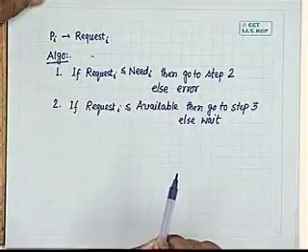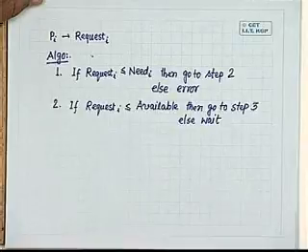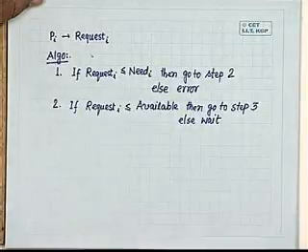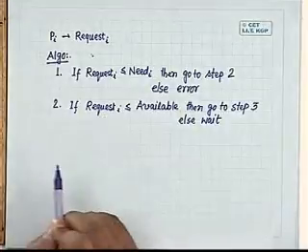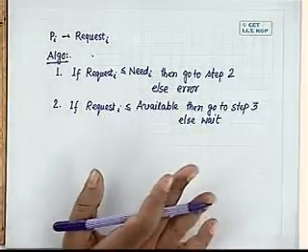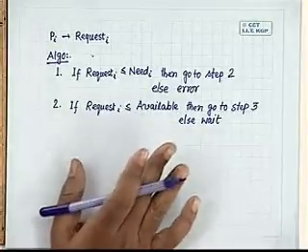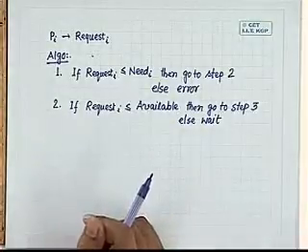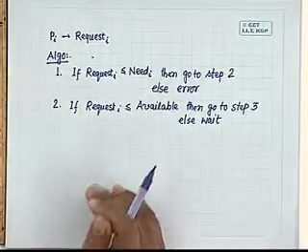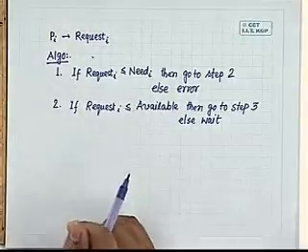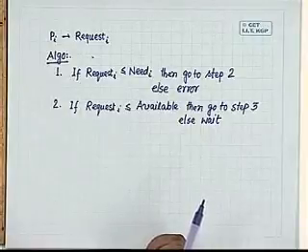Okay. Then in step 3, we have seen in step 2 that the request is less than or equal to available. That means the system is in a position to meet the request. But now it has to decide, based on some analysis, whether this allocation will be safe or unsafe.